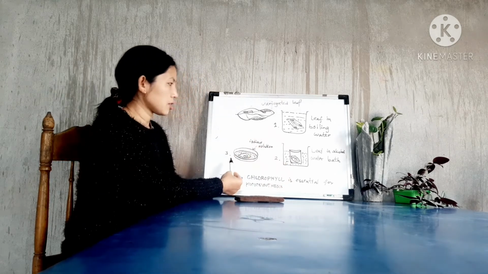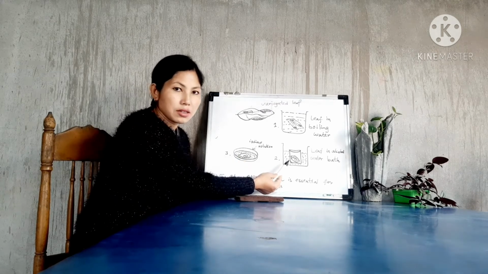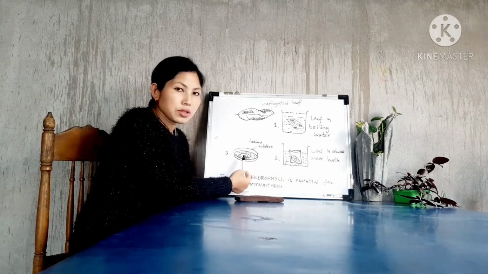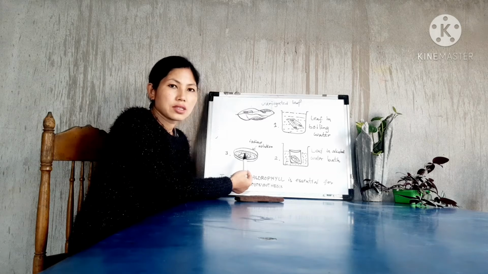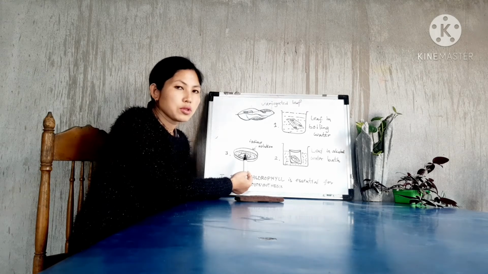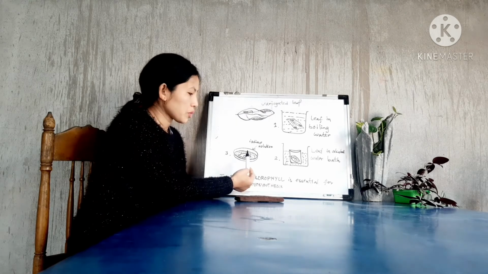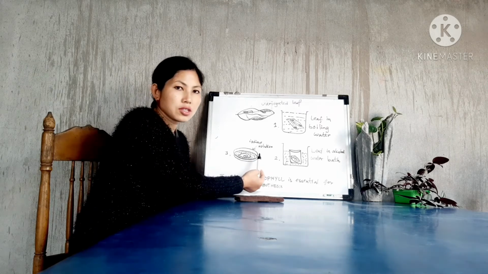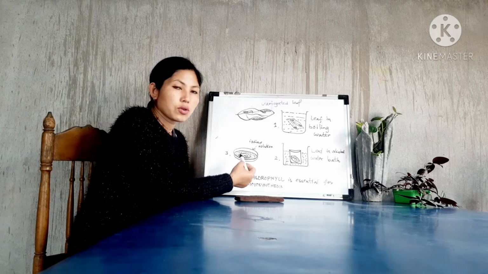Then in the third step, we will place the decolorized leaf into an iodine solution which will confirm the presence of starch on the leaf. As we know, starch is the food produced by the process of photosynthesis. So if photosynthesis has happened, the leaf will contain starch. It will be confirmed by the iodine test, which will turn the area blue or dark blue in color.